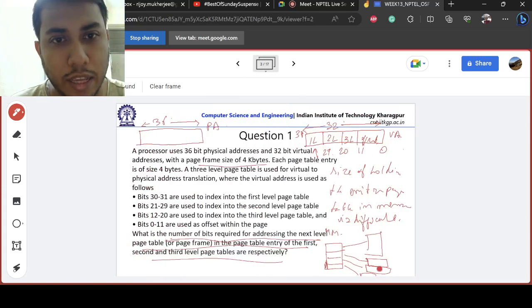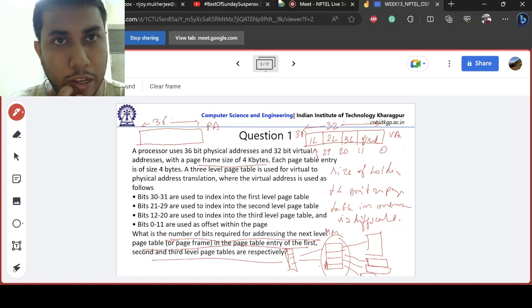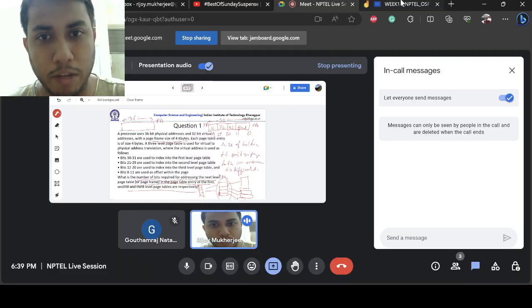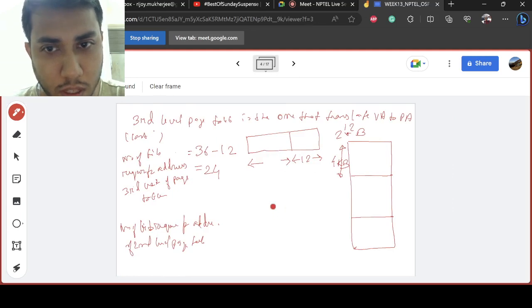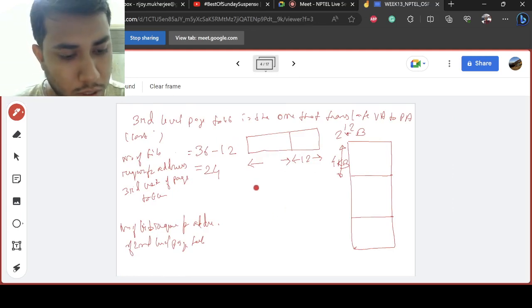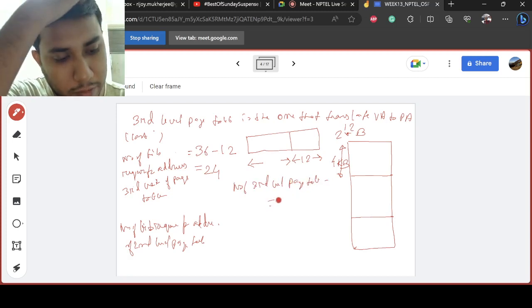The second level of the page table basically refers to this one, so it points to each entry of a page table in the third level. It basically points to each table in the third level, right? So we need to calculate first the number of third level page tables.